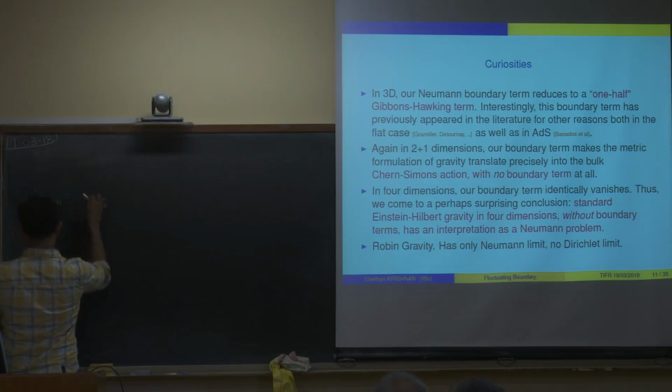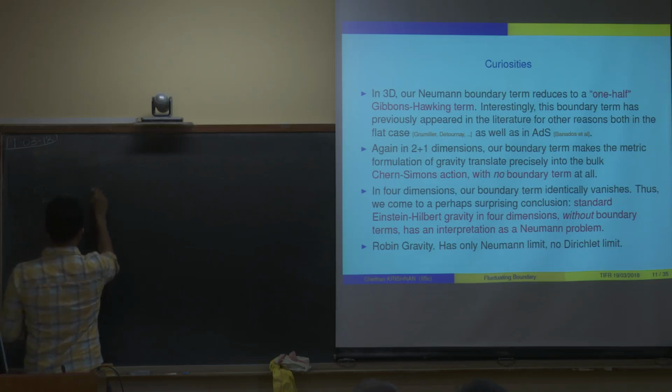This is the form of the action. This is the bulk piece. I'll just write it as Einstein-Hilbert plus this.